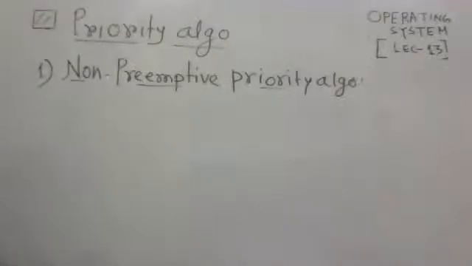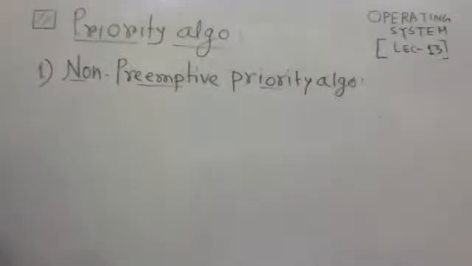Once a process is assigned to the CPU, we can't forcefully remove it until it finishes. In a non-preemptive algorithm, we can't forcefully remove a process from the CPU in the middle of its execution. Only after completion of the process can it be terminated.